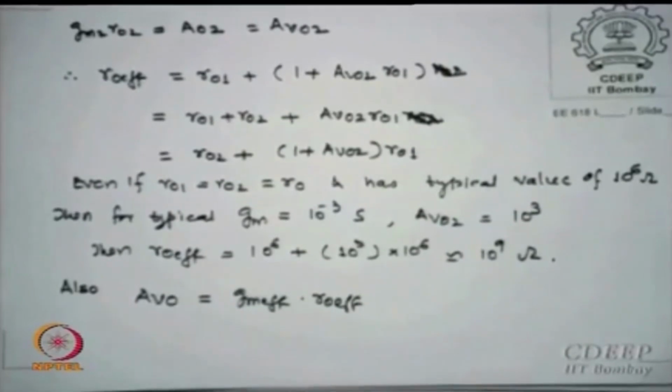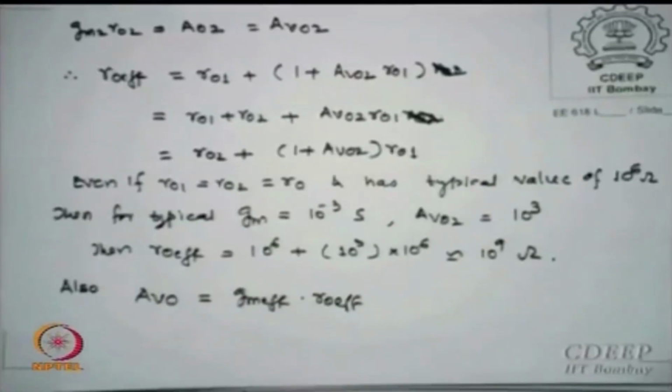Not that every time we will use them, but possible. Op amps with 10 to the power 6 are anyway available, is that correct? So normally Avo2 will be very high compared to any other term there, and we can neglect all the ros, but Av into ro will be heavily increasing the ro value.